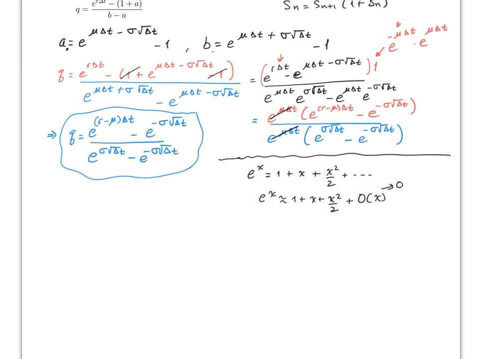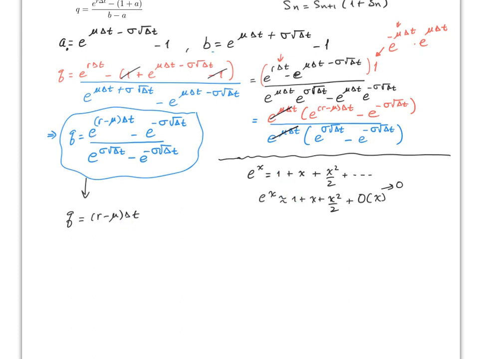Now, if you apply this formula in here, in here, in here, and in here, yeah, the algebra is pretty messy, so when you have time, you should check it out. You will end up with r minus mu delta t. Now, if you subtract this from this, the ones will cancel.